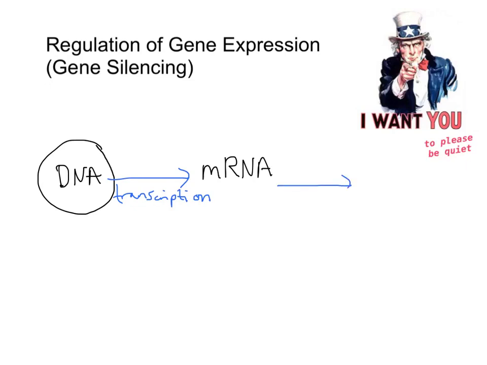And then after the process of translation, we end up with a protein that we want. Now what I'm saying is that we can regulate at any stage of this process.